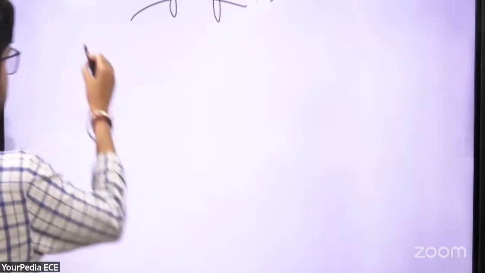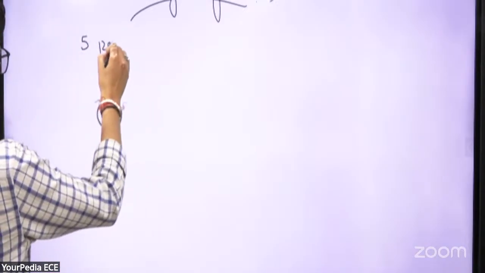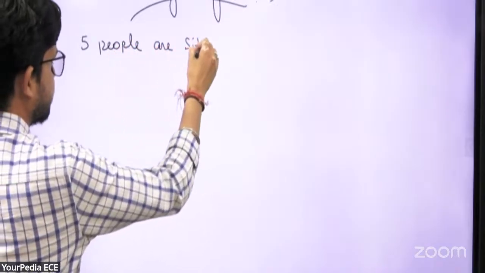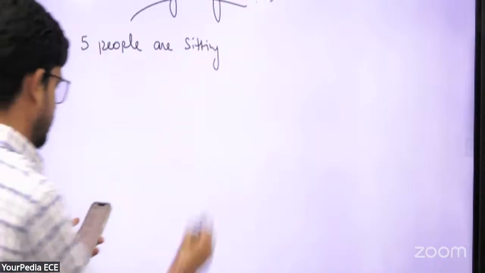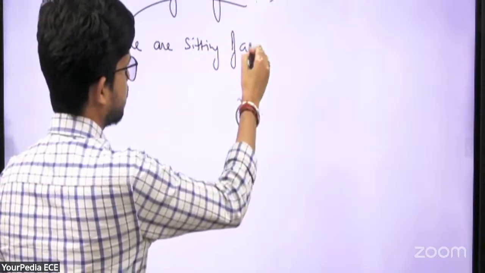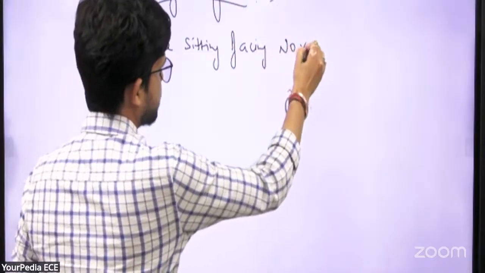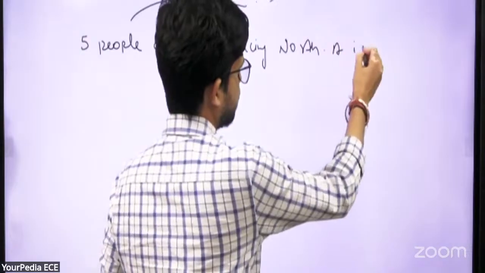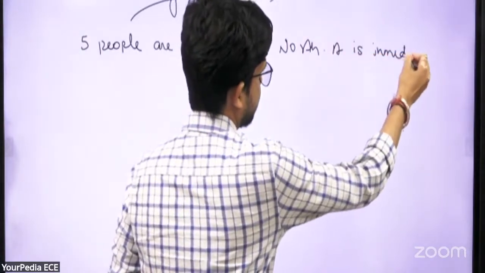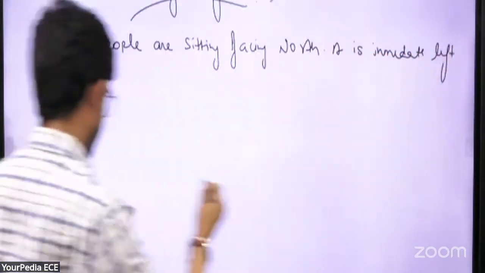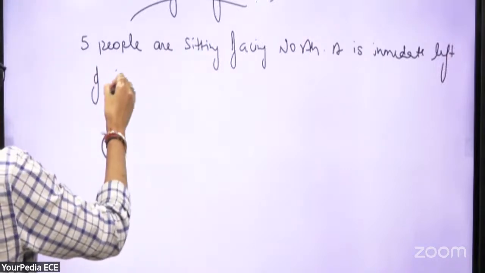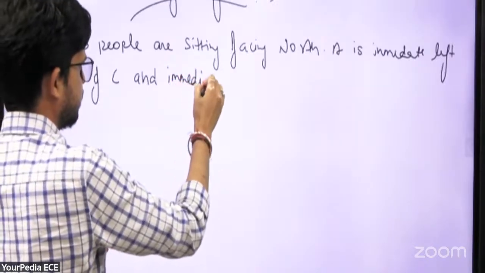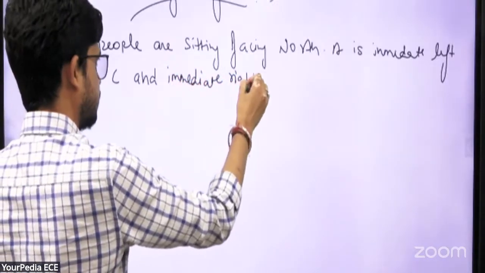Question is basically: 5 people are sitting facing north. They are facing the north. A is immediate left of C and immediate right of B.